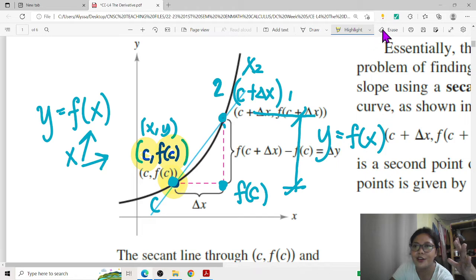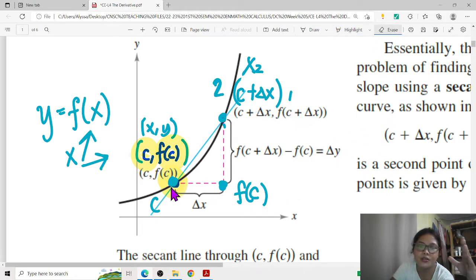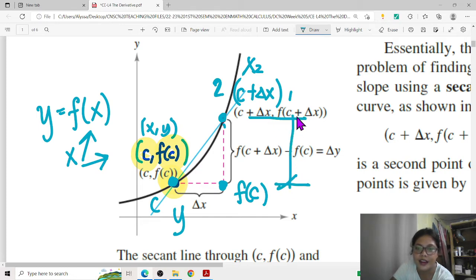So, if y is a function of x, then we can rewrite also this c as a function of c as your y component. And then, you can try to have this type of second variable for y2 as function of c plus delta x.